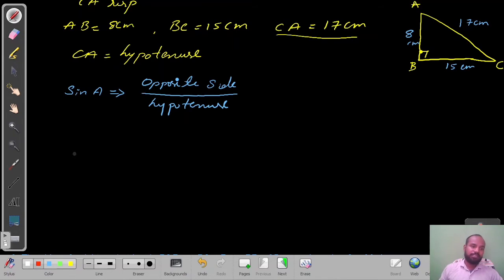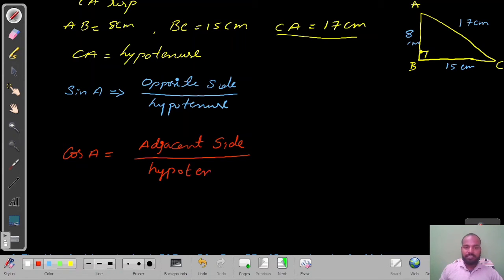Cos A formula is adjacent side by hypotenuse.